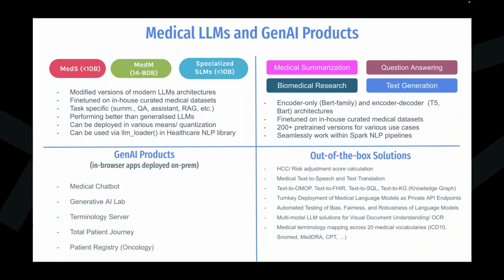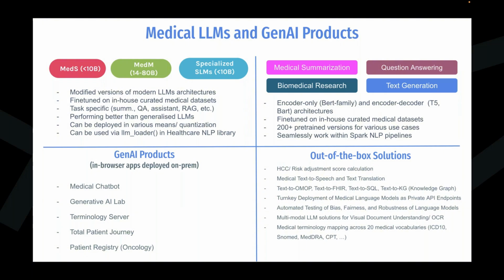The fourth piece is we have UI as well, like web-based applications that you can deploy on-prem as well. So we have a medical chatbot, Generative AI Lab, and terminology servers. Generative AI Lab is there to annotate your own data, do human-in-the-loop validation, and train your own model within the same platform, so that without even writing code, you can fine-tune any NER model or train any named entity recognition model within the same platform.